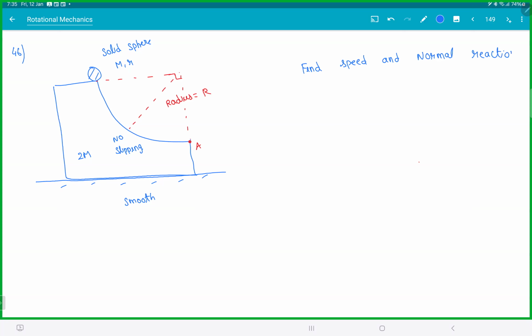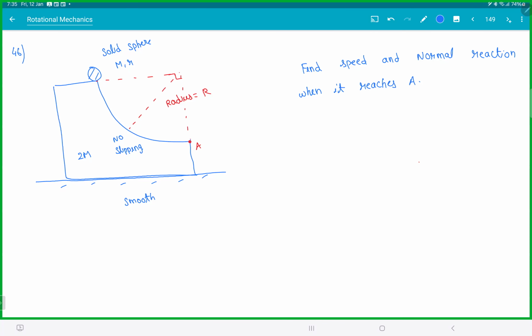This would be another proper advanced paragraph question. Let's get this. Solid sphere, mass m, radius small r. The wedge is 2m. Capital R is the radius of the track.